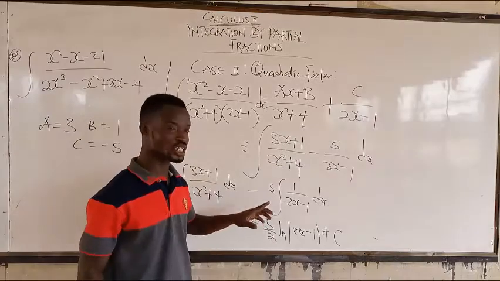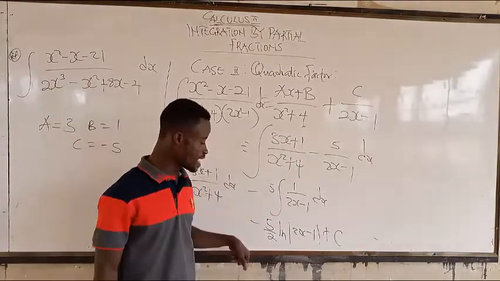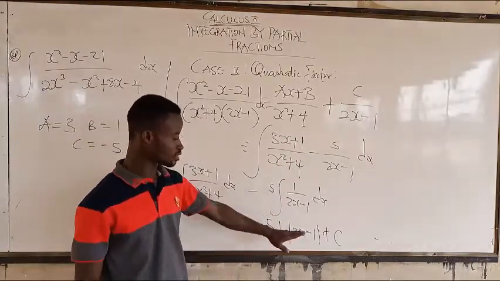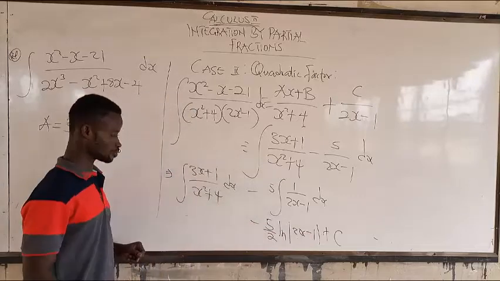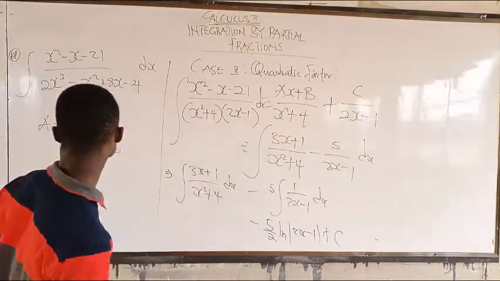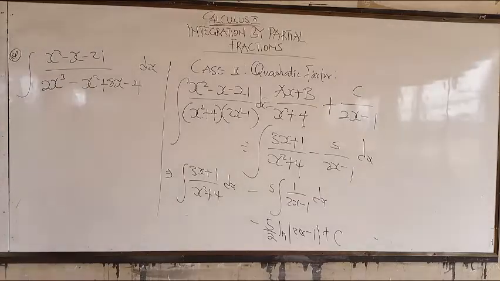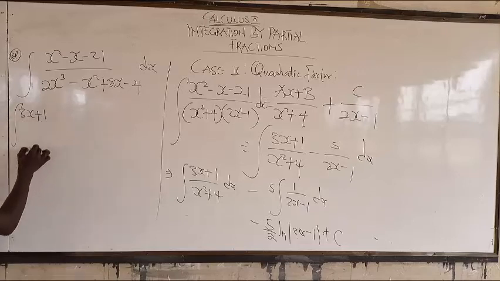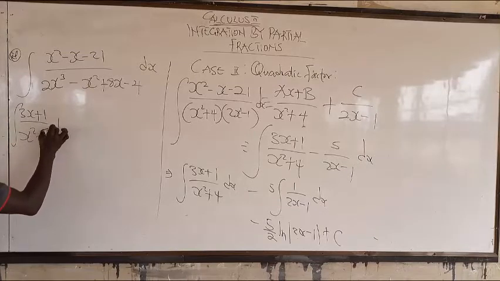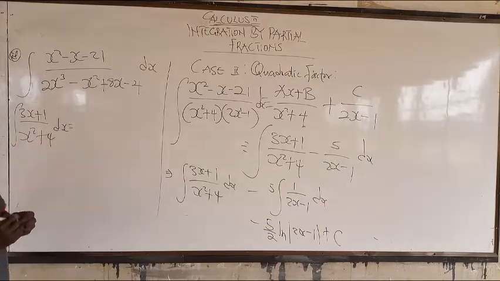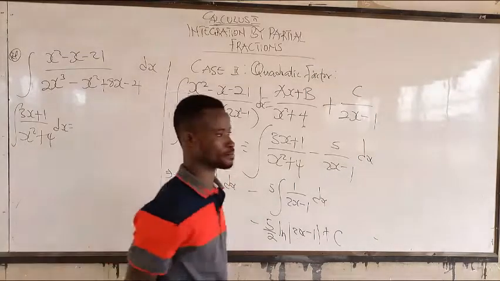That's why the general form is 1 over A. So that is that. But with this part, to integrate 3x plus 1 over x squared plus 4 dx, we have to split it.